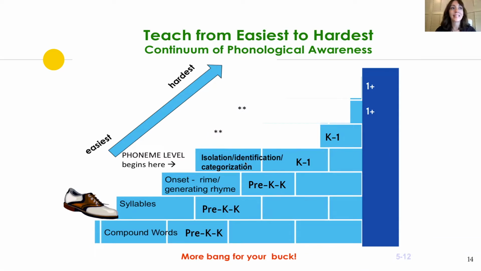So that's isolating, identifying. You can sort by beginning sound, ending sound, middle sound. And there's some resources that I'll share with you in just a moment that actually have just picture cards that you can print out and use for free.